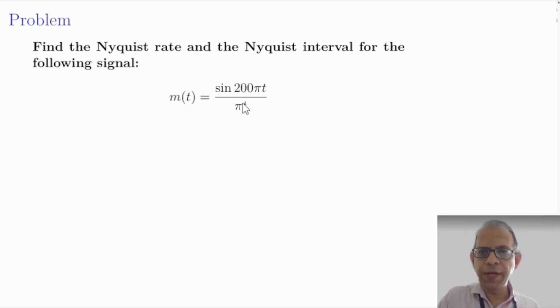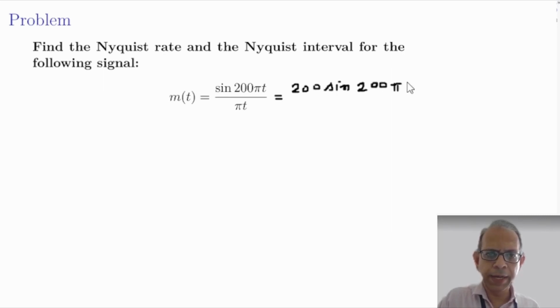Here m(t) is given to be sin 200 pi t upon pi t. Now it is of the form of a sinc function. If we multiply and divide by 200, we get 200 sin 200 pi t upon 200 pi t.